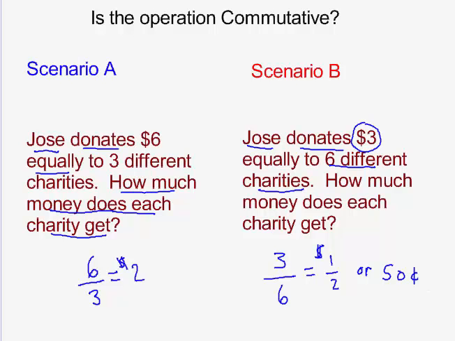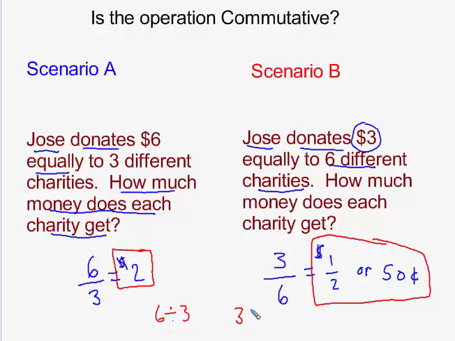Either way, it is not the case that we got the same answer in scenario A as we did in scenario B. $2 is not the same thing as a half a dollar. So even though the operation stayed the same, it was division in my first problem, and it was division in my second problem.